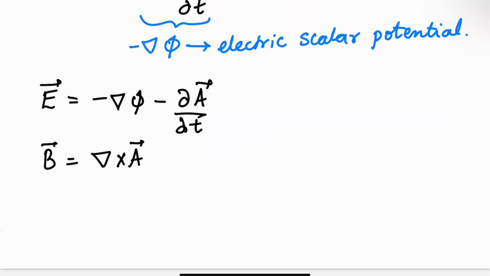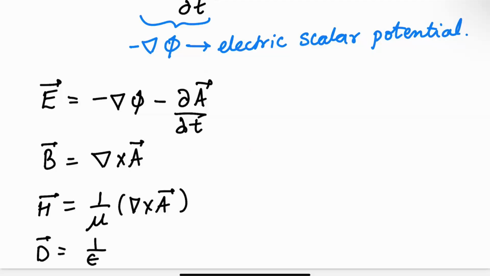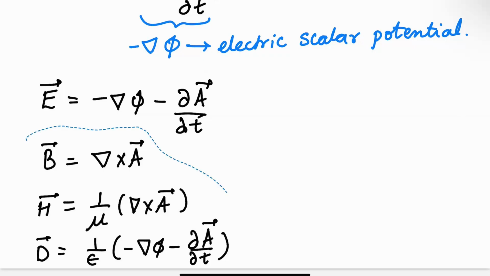And since we're assuming this is a homogeneous medium, we can also write H equal to 1 over mu curl of A from the constitutive relations, and D equal to epsilon times minus gradient of phi minus dA over dt. Okay, so next we make some space here.